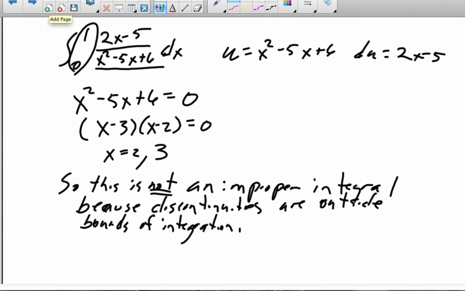Okay, so there we go. So yes, we do have discontinuities, but because they're not inside our bounds, this is a proper integral, and you can go ahead and evaluate it. Okay, and I'm not actually going to do that. I basically showed you how to do it. So you end up with the du over u, and you've got a natural log situation.